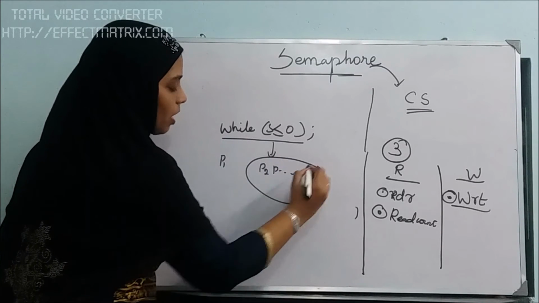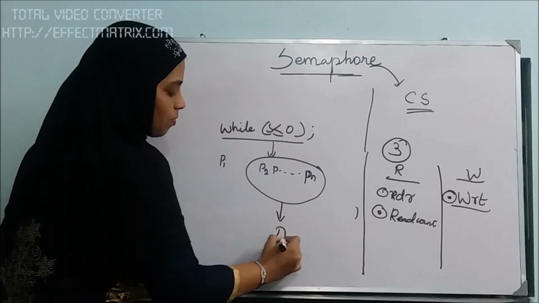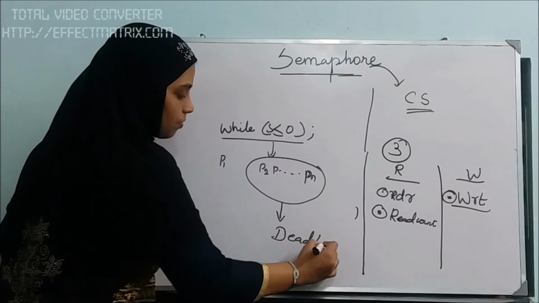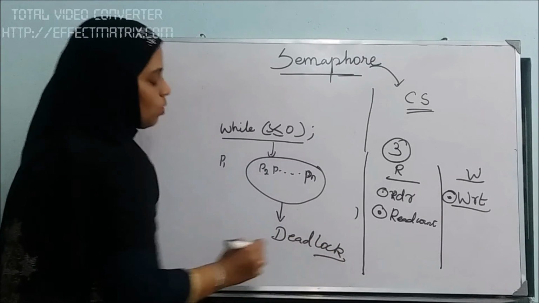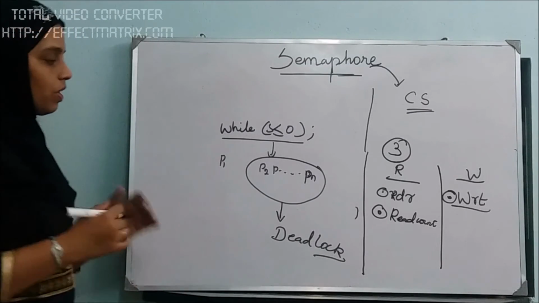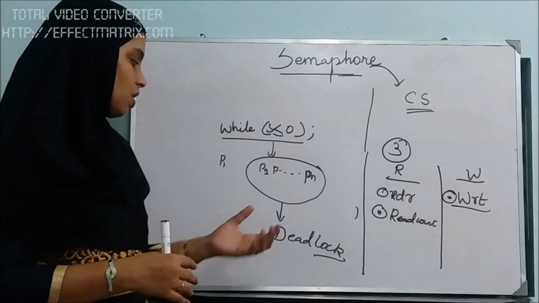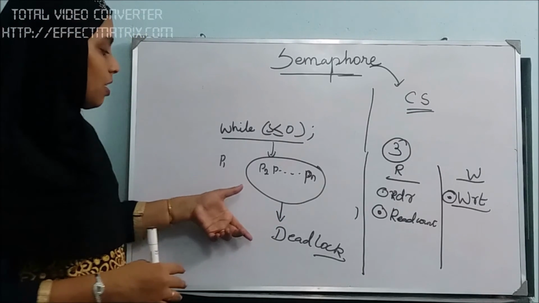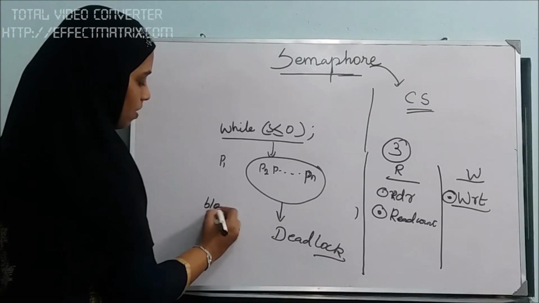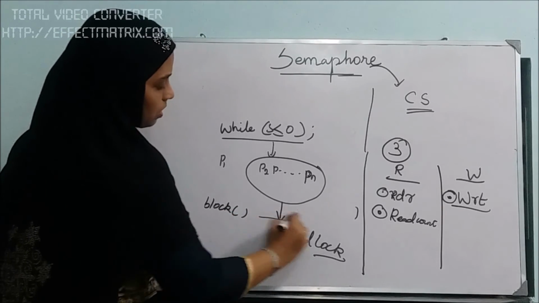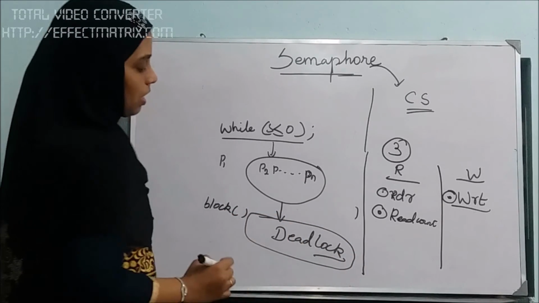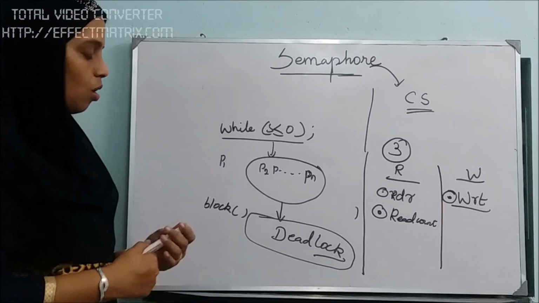This type of long time waiting creates the problem called deadlock. So one or more processes waiting for the critical section part of execution wait in the queue, which is maintained by the block operations and wakeup operations. This type of long time waiting at the end creates a deadlock problem.